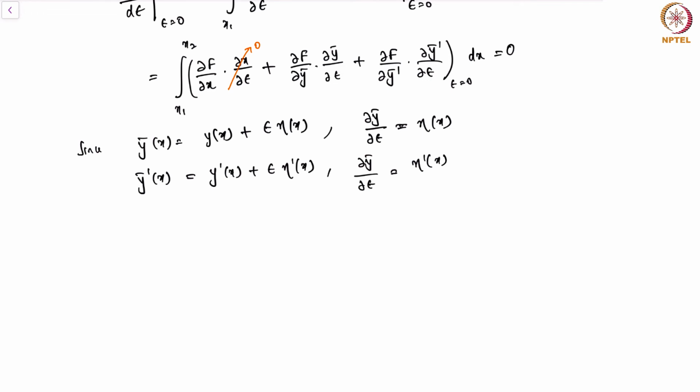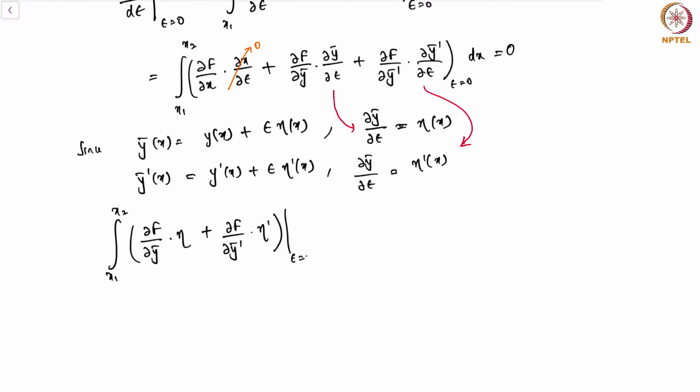So I have now determined these last terms. Now I can simply write the integral from x1 to x2 of del f by del y bar times eta, plus del f by del y bar prime times eta prime, evaluated at epsilon equal to 0, dx, is 0.